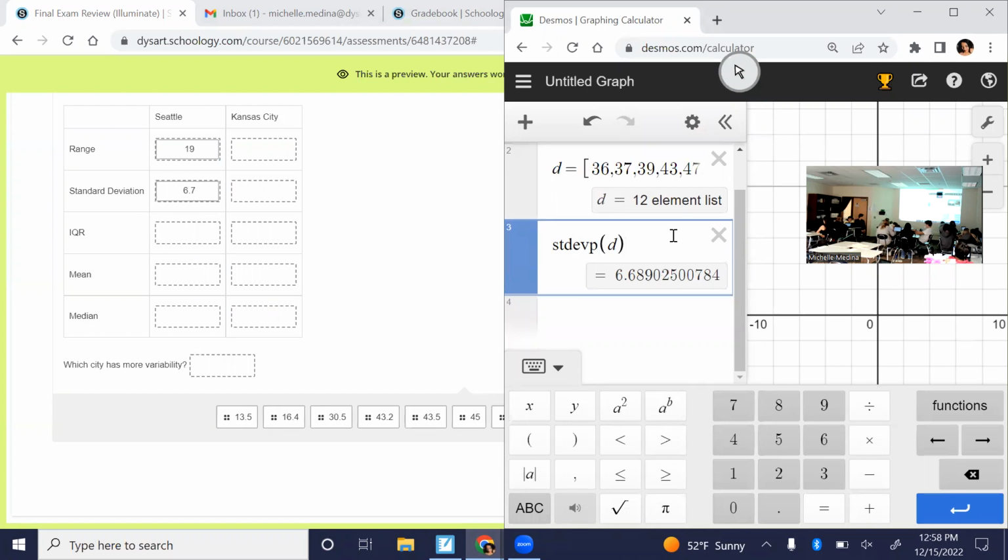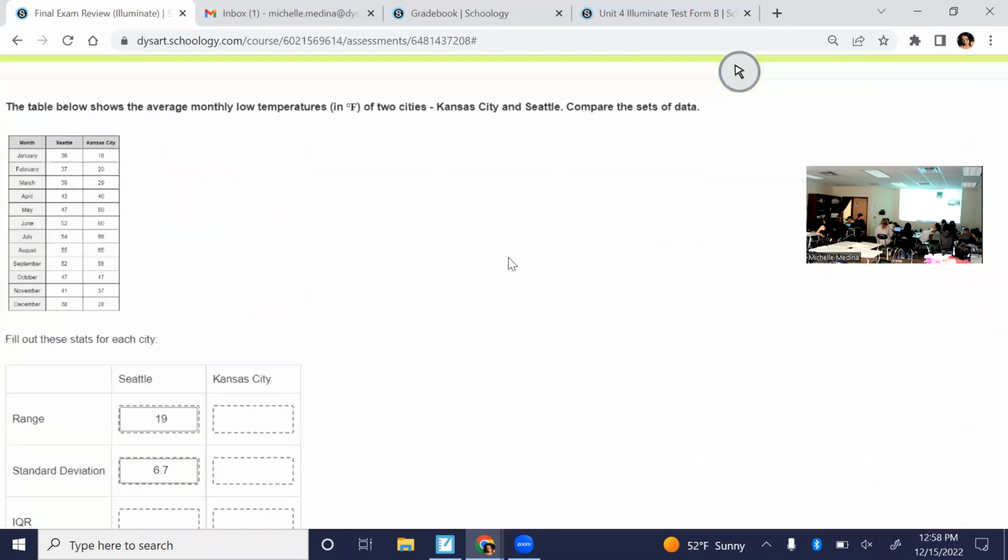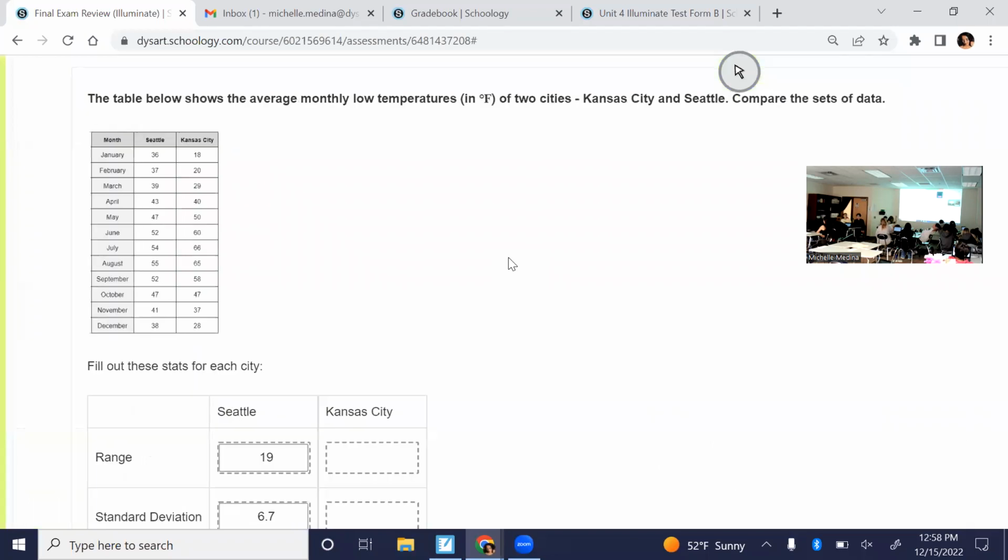And then IQR. What is the formula for IQR again? It's the interquartile range. Good. So for that, and Desmos doesn't find your IQR for you. It could find your quartiles for you, actually, but you should also know how to do them by hand anyway.